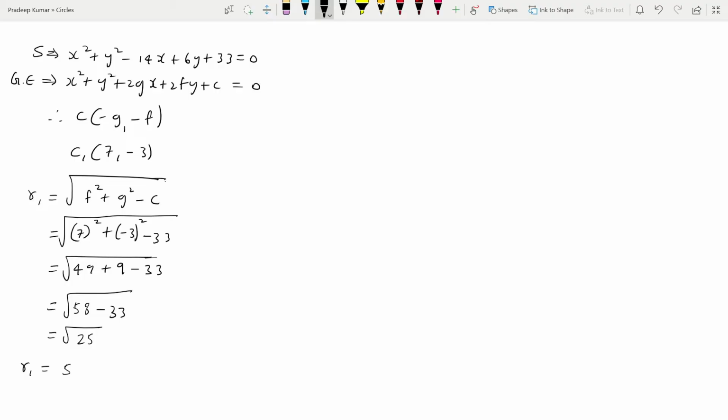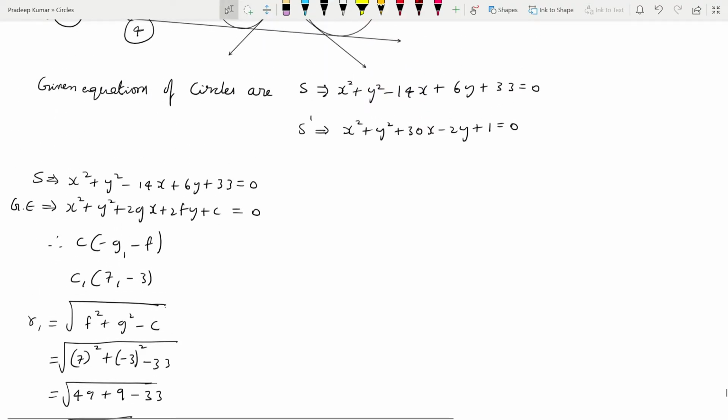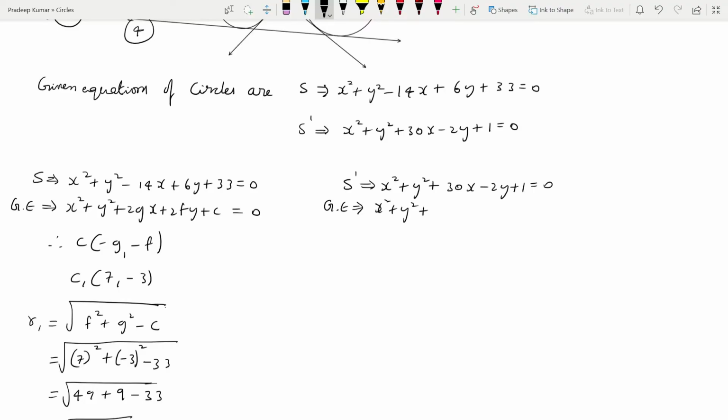Now we'll take the second circle and find out the center and also the radius. The second circle we have taken as S dash: x square plus y square plus 30x minus 2y plus 1 equal to 0. Again I'll compare with the general equation of the circle, x square plus y square plus 2gx plus 2fy plus c equal to 0.